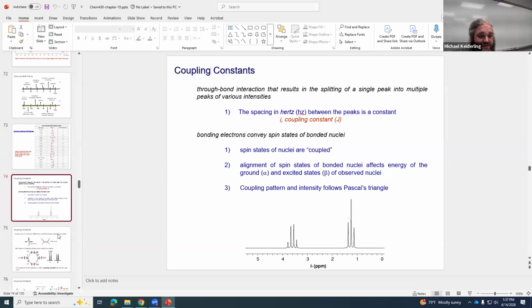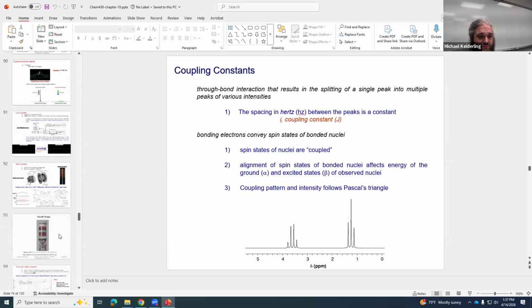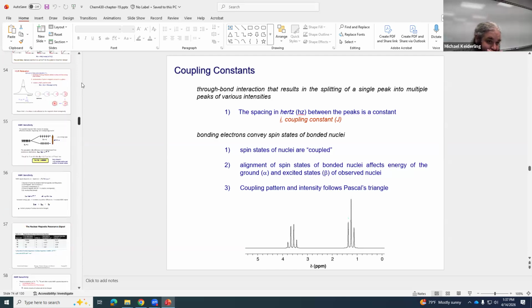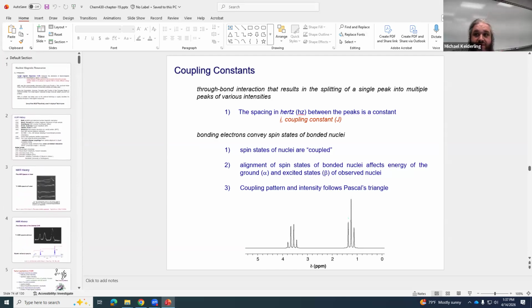That is the end of our NMR stuff. So we will have the NMR lab on Thursday. And then we'll be done. We're done with all the lectures. Our last lab will be Thursday. So we have a review.